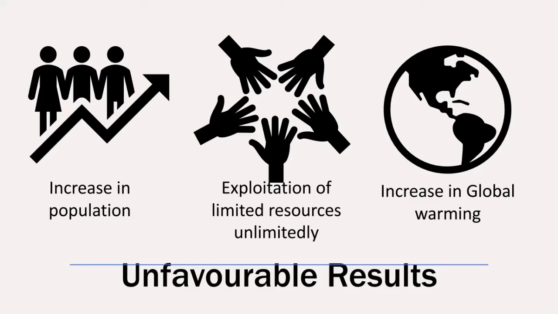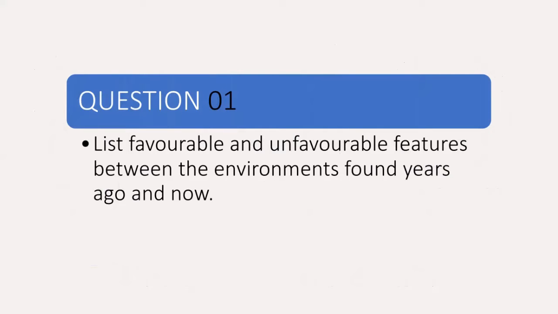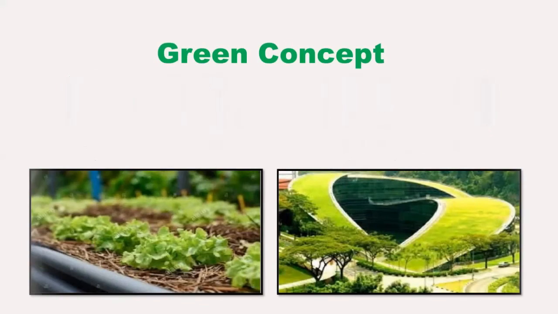Ultimately, man harming the natural environment is man harming himself. Therefore, at present, people have directed their attention towards sustaining the natural environment whilst progressing in social and economic developments.